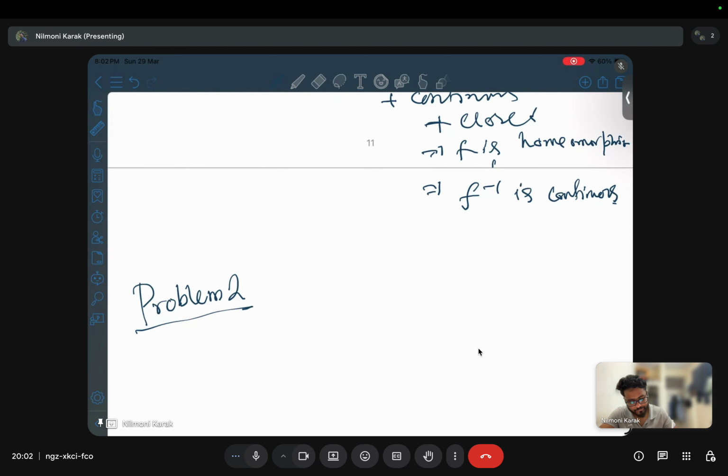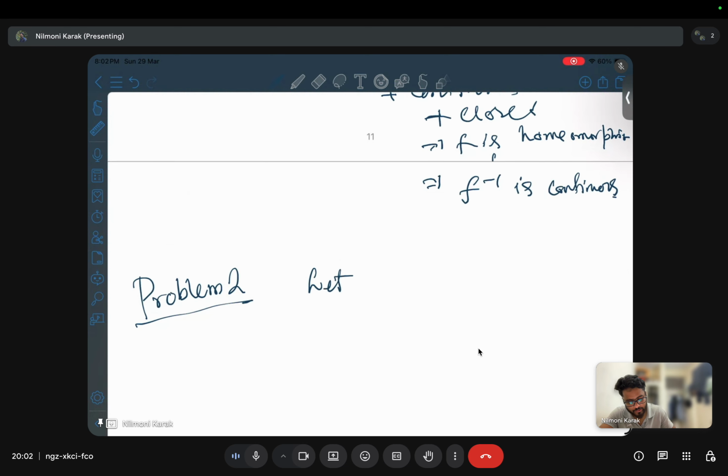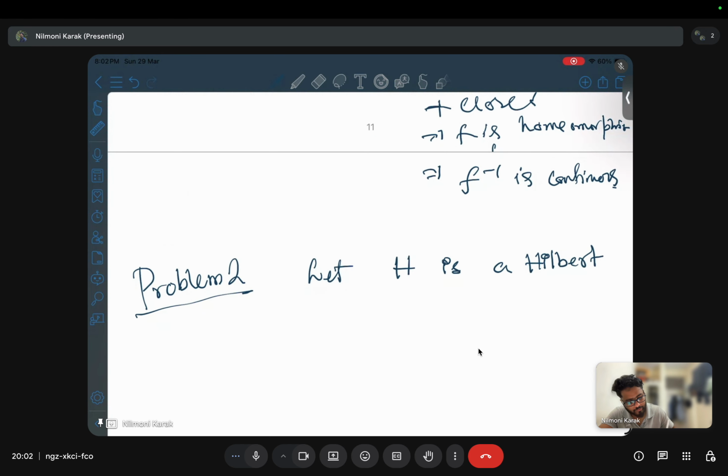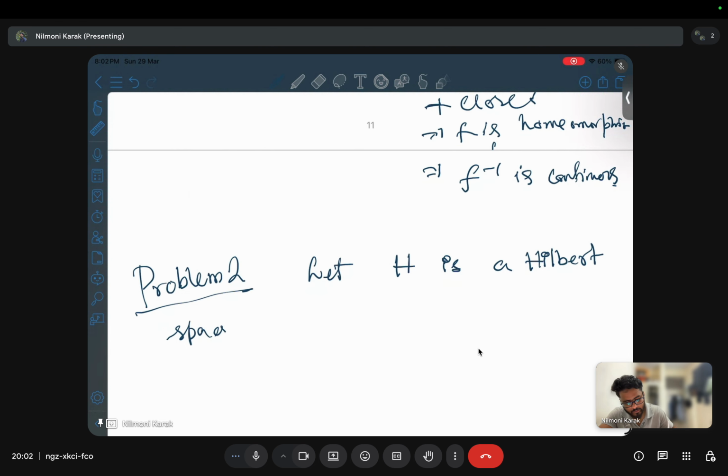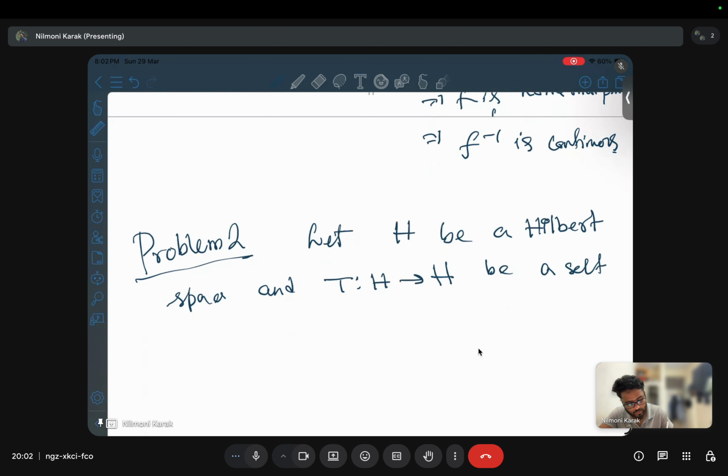Next question. Let H be a Hilbert space and T from H to H be a self-adjoint operator.